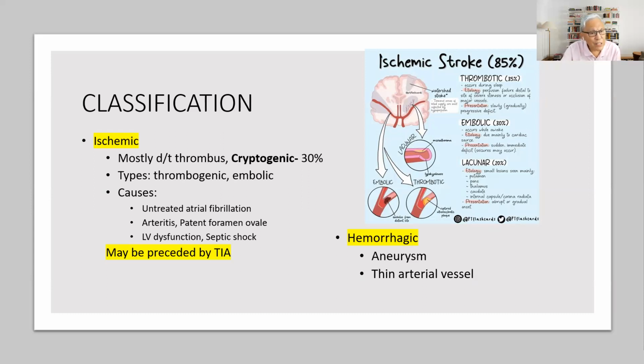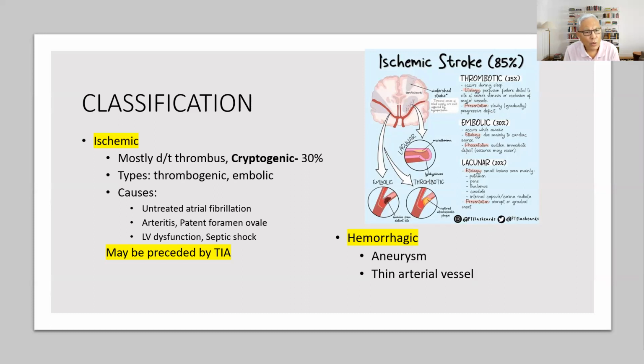So what is an ischemic stroke, and how is it different from a hemorrhagic stroke? Ischemic stroke is caused by a thrombus, meaning there is an obstruction in one of the blood vessels that blocks the blood supply to a cerebral artery. This is the most common type of stroke. 75% of all strokes are ischemic in nature.